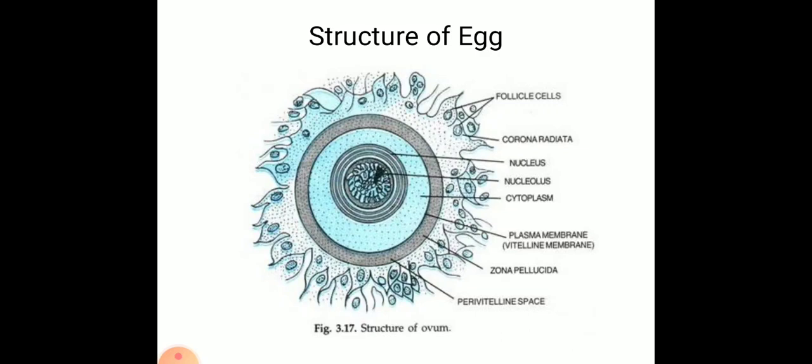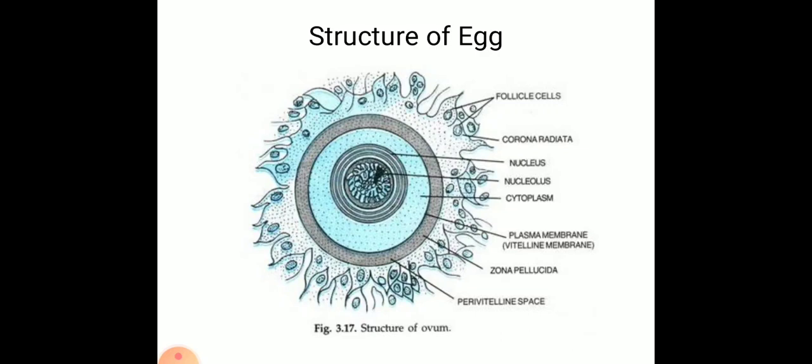What is the name of the egg cytoplasm? The cytoplasm of the egg is called the ooplasm. The ooplasm contains the nucleus on one side of the egg.